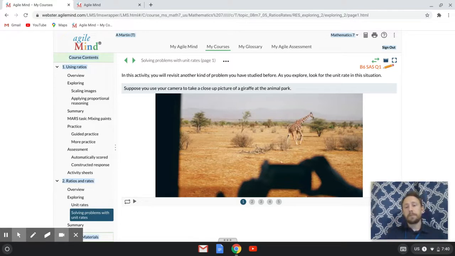So, how could we find the ratio's simplest form? Say, for instance, that our picture is 2 inches in height by 4 inches in width. What could we do to determine what it would be in its simplest form?